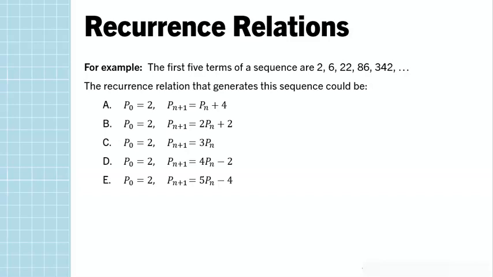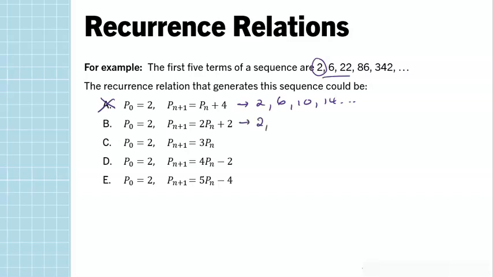And so here, if we're to look at option A, note here everything is starting with 2, and everything in our answer is also starting with 2. So if that wasn't the case, you could eliminate that answer. But here we would have 2, and then we're adding 4 each time. So 6, 10, 14, and so on. So that doesn't match what we need, so A is not an appropriate answer.